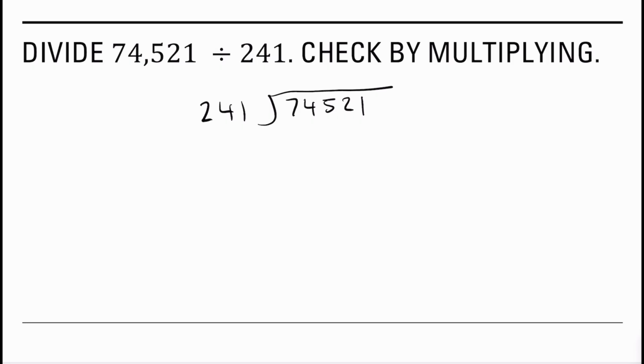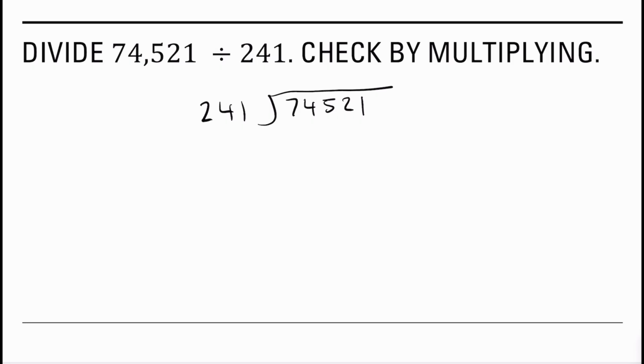And so the way that I would do this is I just think, what's 241 times 2? And what's 241 times 3? And you can use your calculator to help. And so I can see that 241 multiplied by 2 would be 482. And 241 times 3 would be 723.